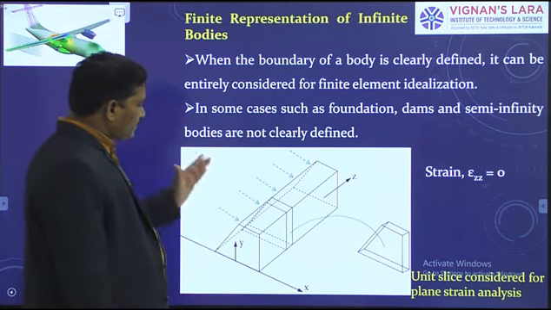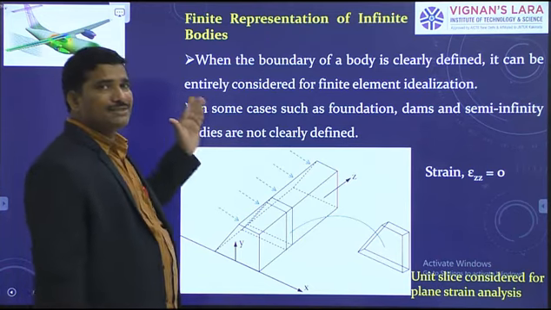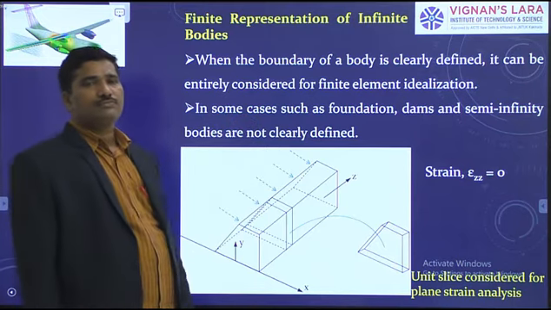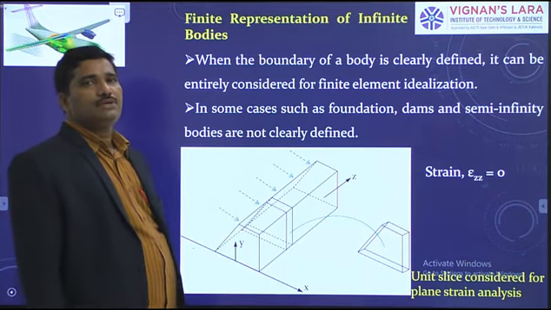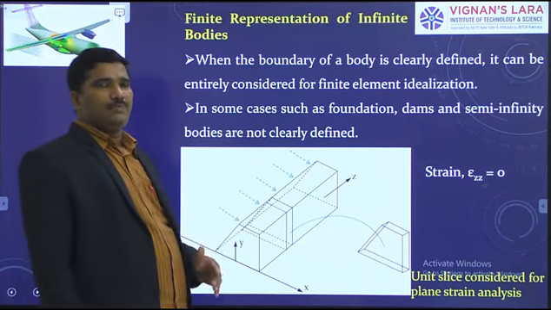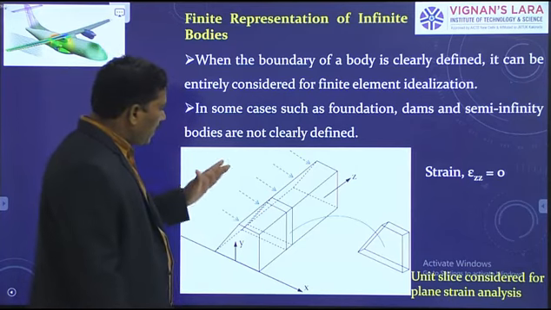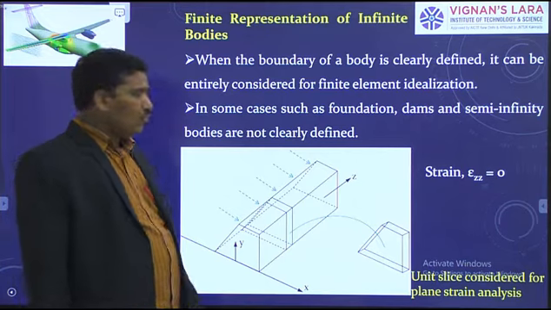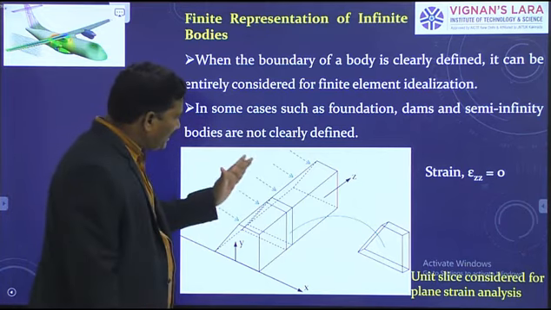Assume that the transverse force is acting on the other side. You can assume a water reservoir. If we observe the structure of the dam, on one side, the water pressure acts on the dam. What type of loading is it? Transverse loading.